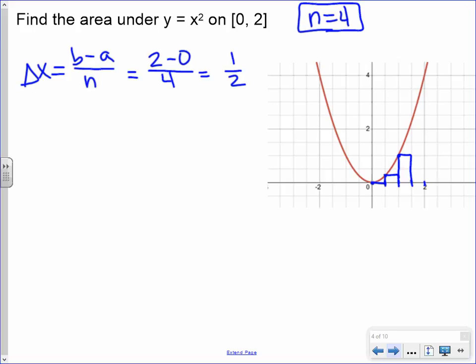There's that rectangle. And then from 1.5 to 2, this would be the left side, so there's that rectangle. So our job is to find the area of those 4 rectangles and add them together.